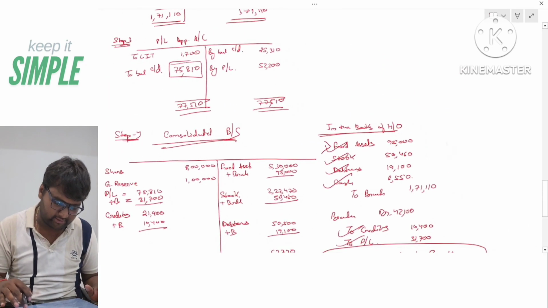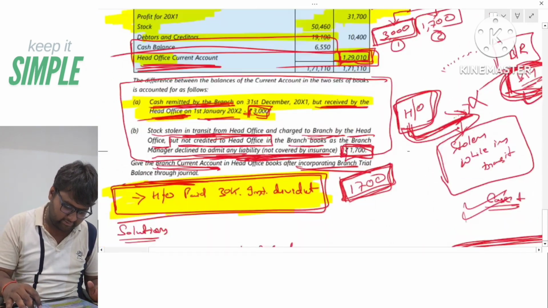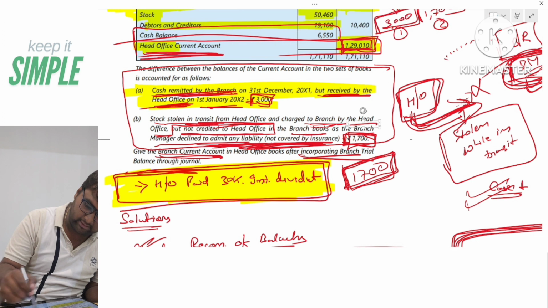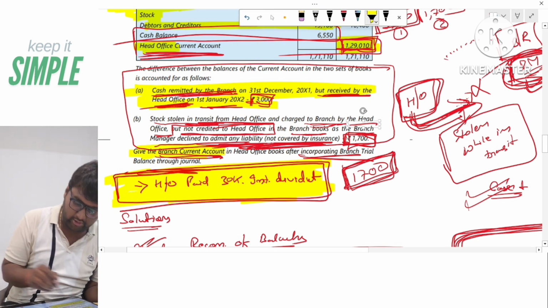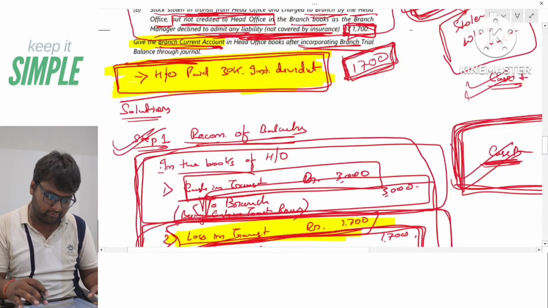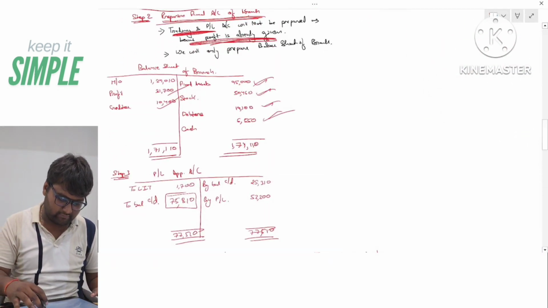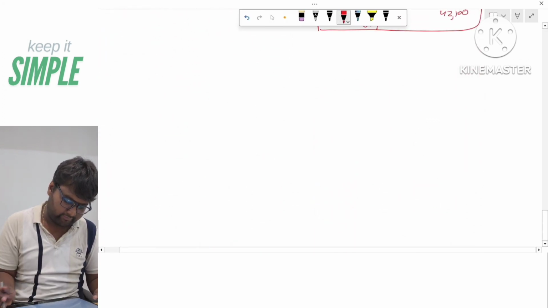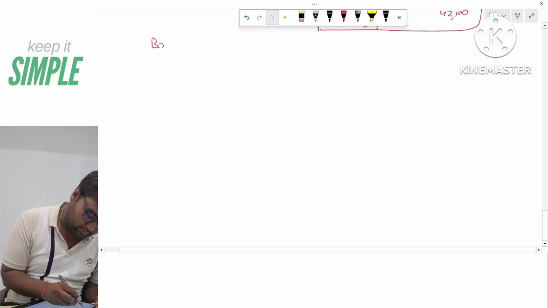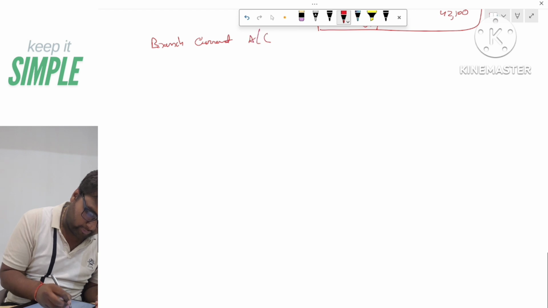So is our sum finished? No, not finished yet, because they have asked us the branch current account. So branch current account is prepared in whose books? In the books of branch or in the books of head office? Obviously in the books of head office. Okay, so we have to prepare branch current account in the books of head office.